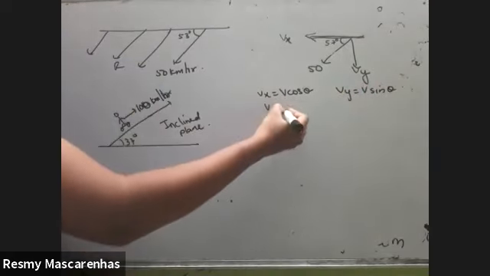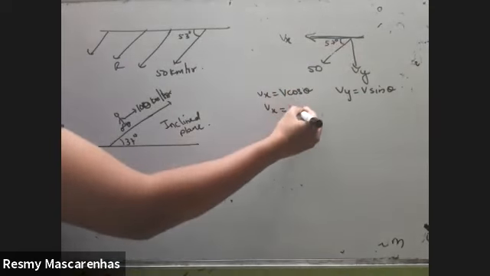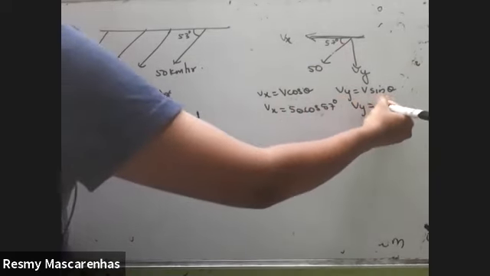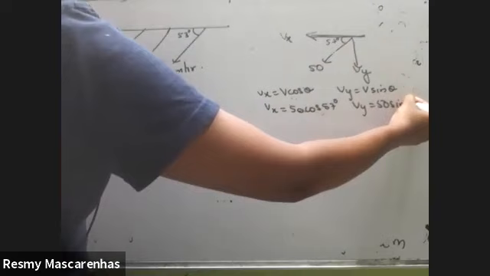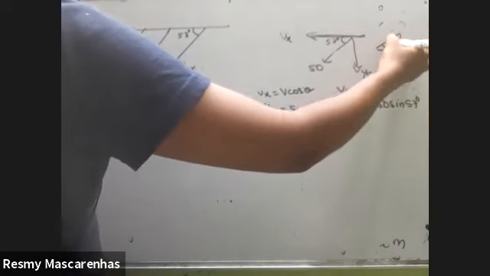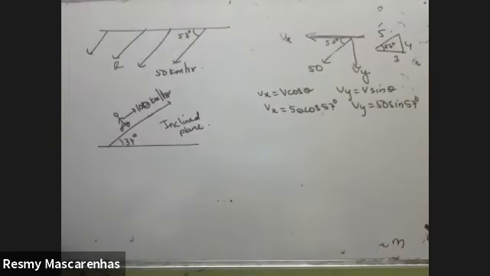So Vx will be V cos 57. V is how much? 50. Again, whenever 57 also, I told you the table. This is 4, this is 3, this is 5.